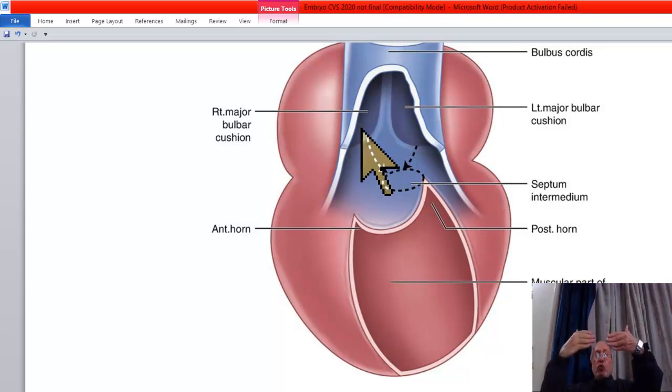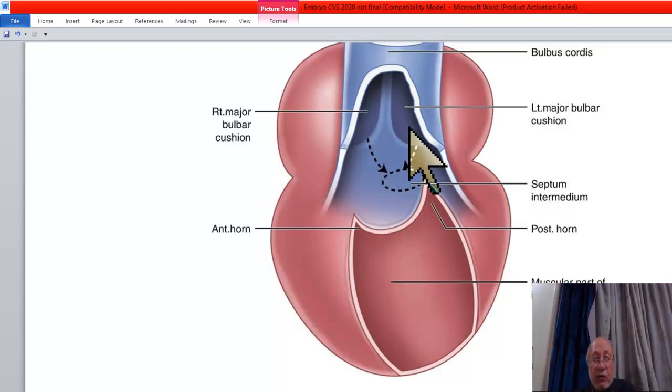These are two ridges that grow in the bulbus cordis from distal to proximal towards the ventricle. This is the left bulbar ridge or cushion, and this is the right bulbar ridge or cushion, and they grow toward the interventricular foramen.